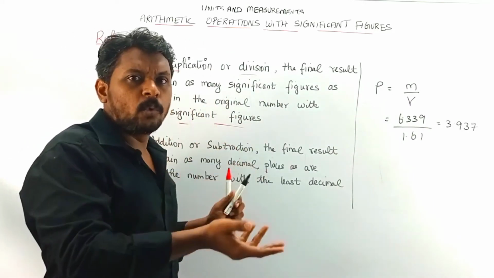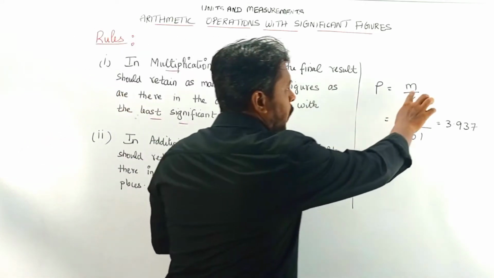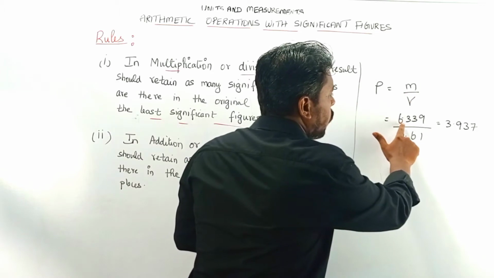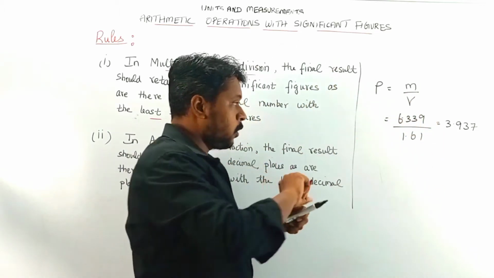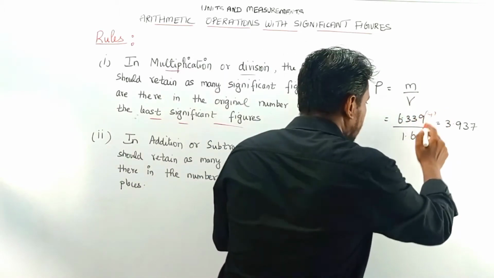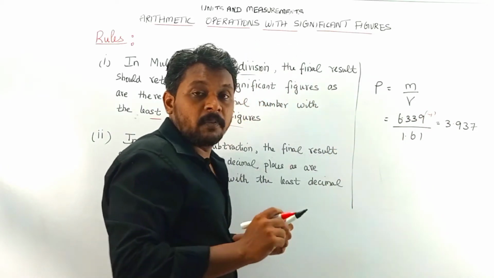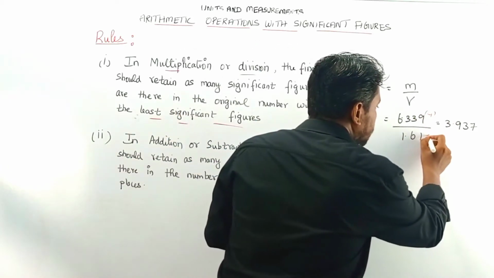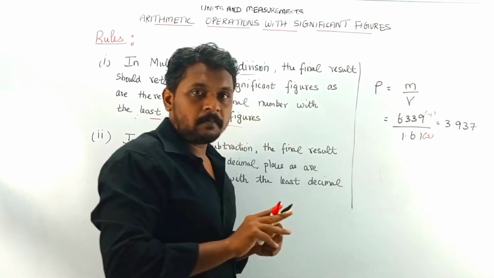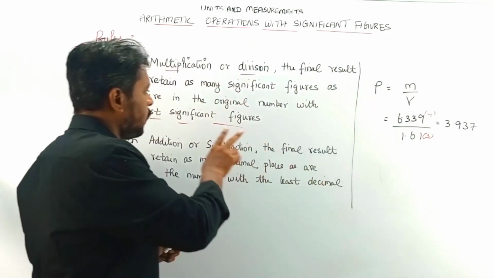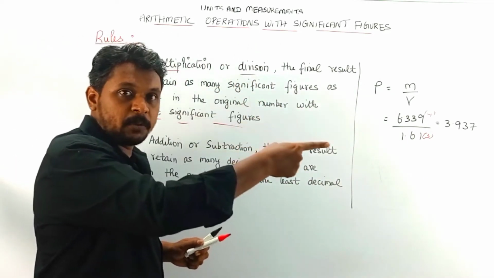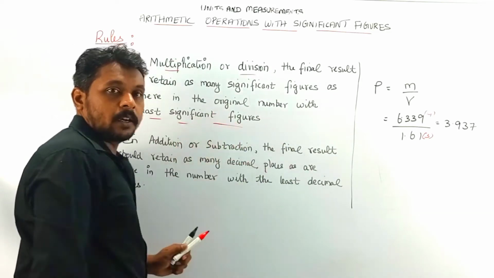Now, what is the rule? The mass has 4 significant figures, 1, 2, 3, 4. And the volume has 3 significant figures, 1, 2, 3. I have to represent the result with the least significant figures.